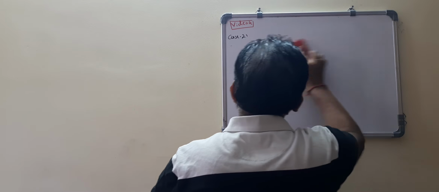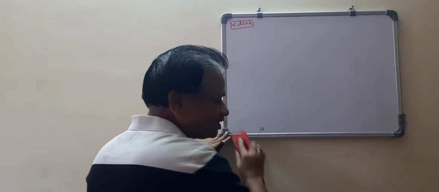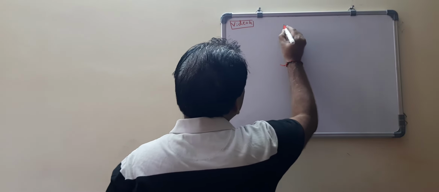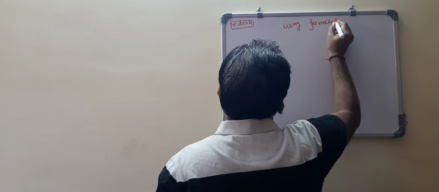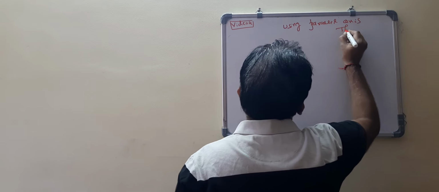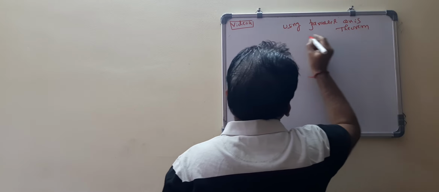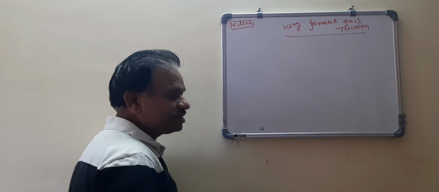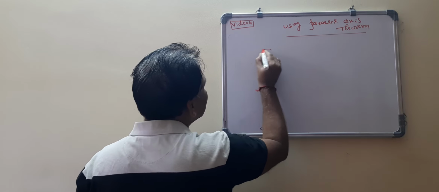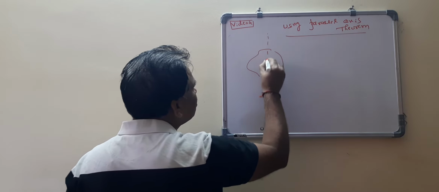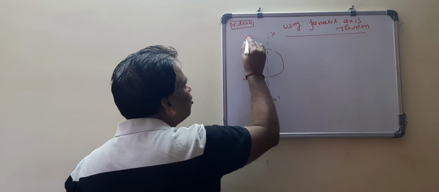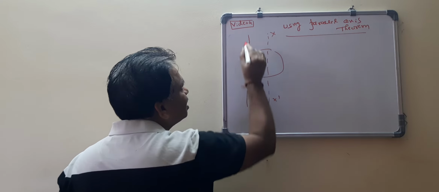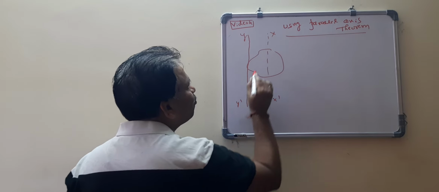Using the parallel axis theorem also we can do it. First, what is the parallel axis theorem? Suppose this is the axis passing through x dash, and this is another line parallel to it, y dash.